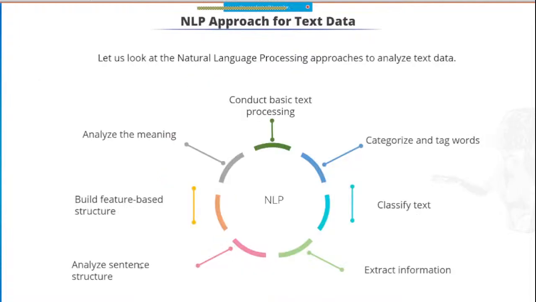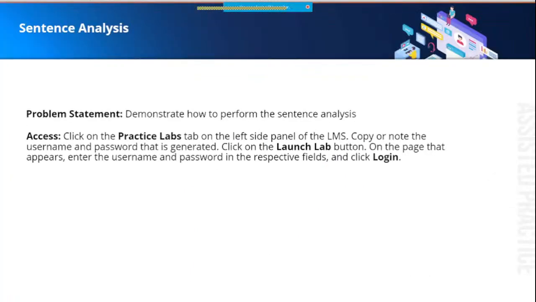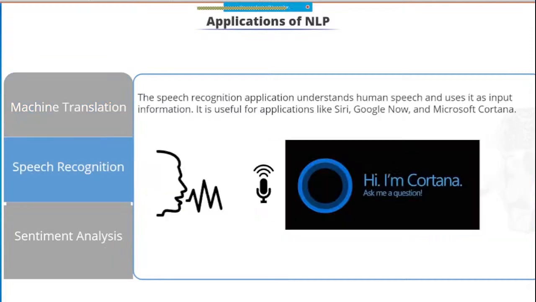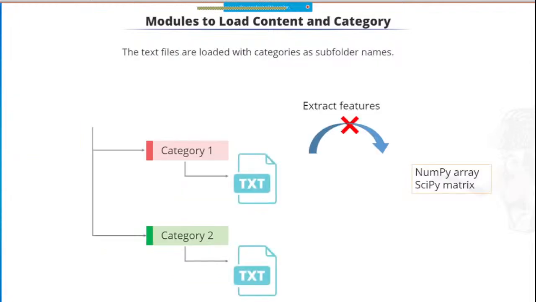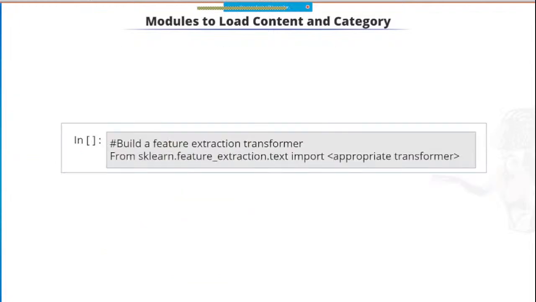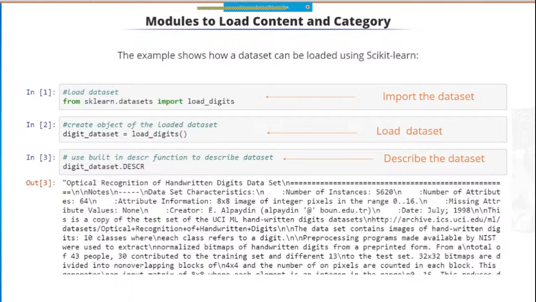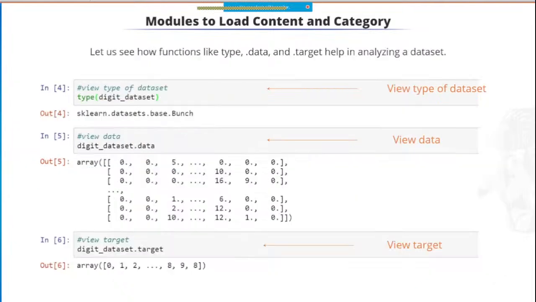Next part, NLP approach to the text data that you see here. Okay, so let us get started with certain examples here, and then we will try to particularly implement this onto certain examples. I think this is more of your actual analysis here.